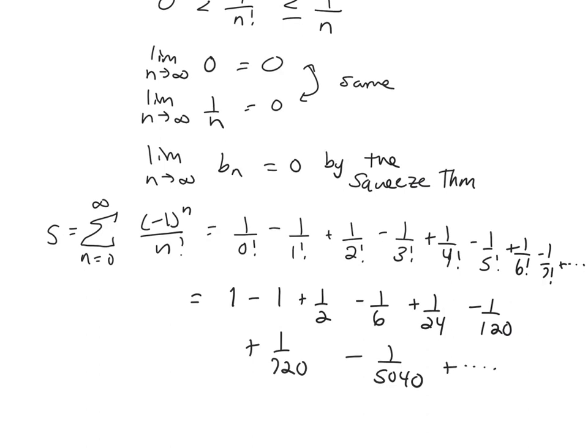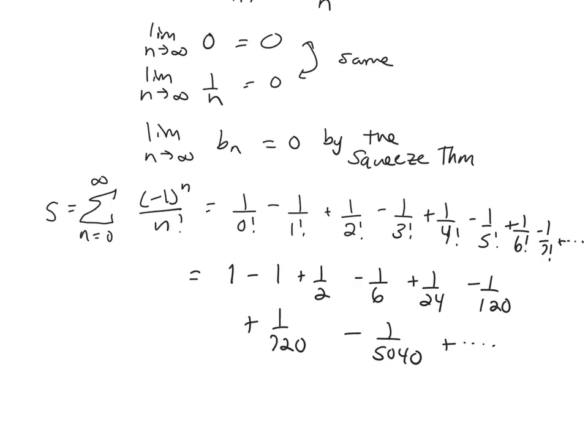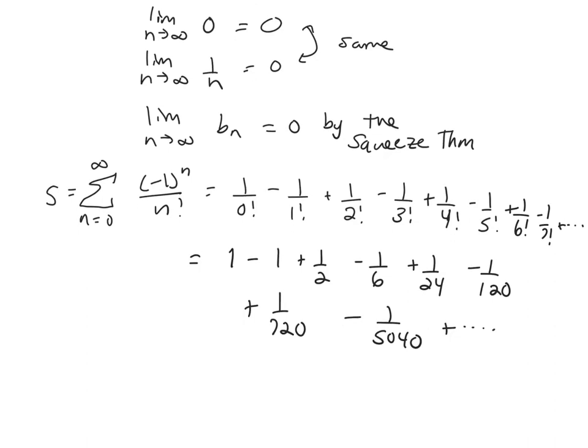Okay? And I said that the error comes from where I cut off my series and I compute the partial sums. So I just need to calculate these numbers and see when is the first time that I get something smaller than 3 decimal places out.